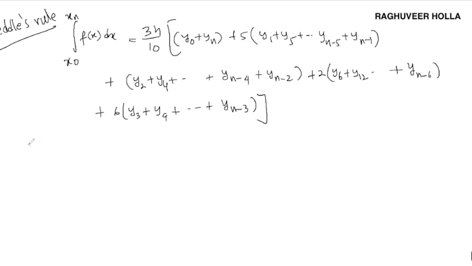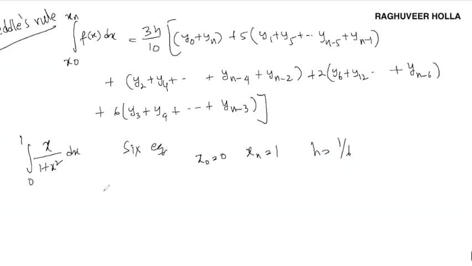So let us evaluate x by 1 plus x square dx, 0 to 1. This is again 6 equal parts. Here again, x naught is 0, xn is 1, and h is b minus a divided by n. This will be 1/6, because 6 equal parts.